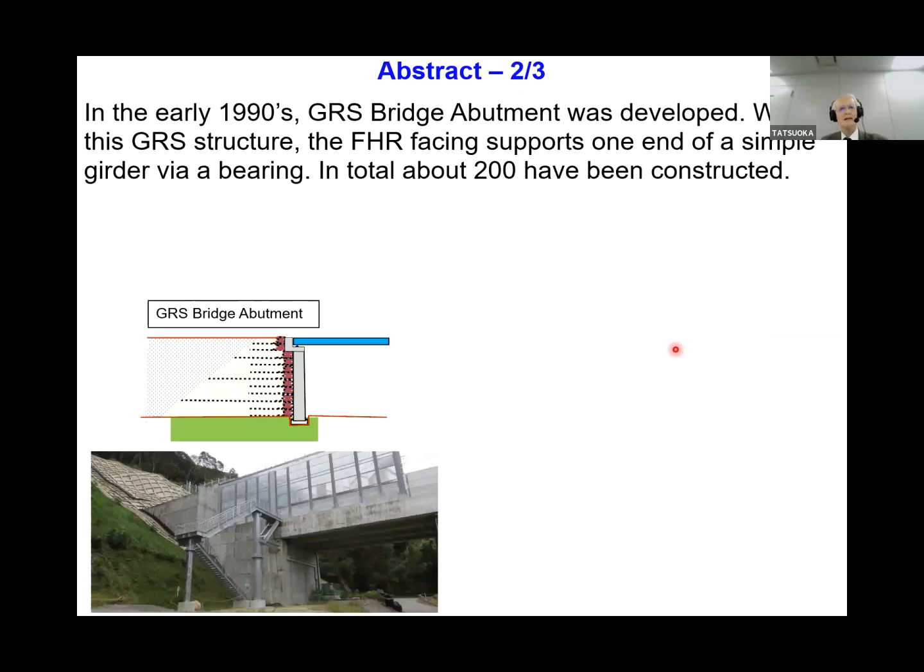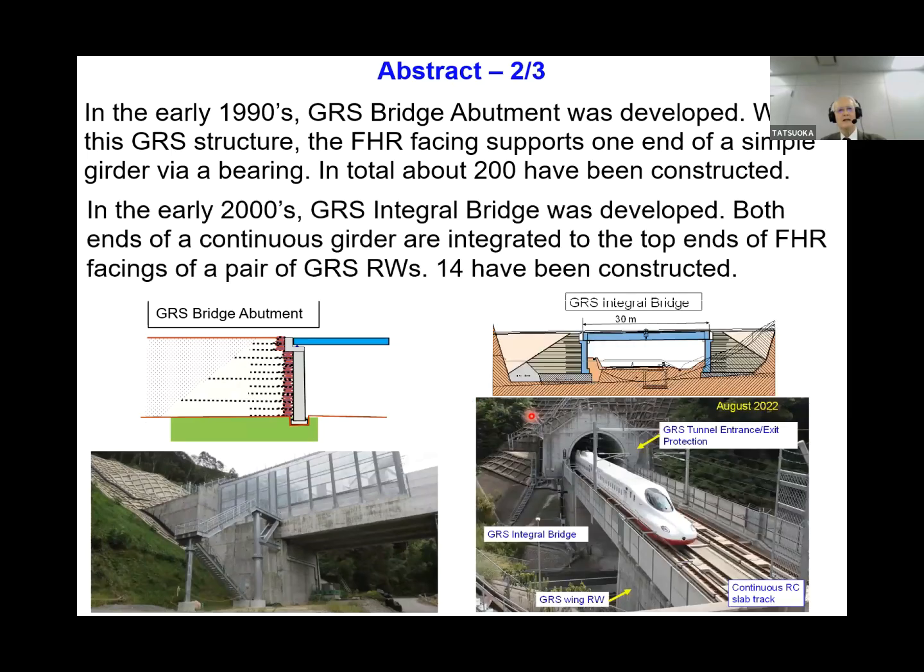In the early 1990s, the GRS bridge abutment was developed. With this GRS structure, the full height rigid facing supports one end of a simple girder via a bearing. In total, about 200 have been constructed. In the early 2000s, the GRS integral bridge was developed. Both ends of a continuous girder are integrated to the top ends of full height rigid facing of a pair of GRS retaining walls. 14 have been constructed.